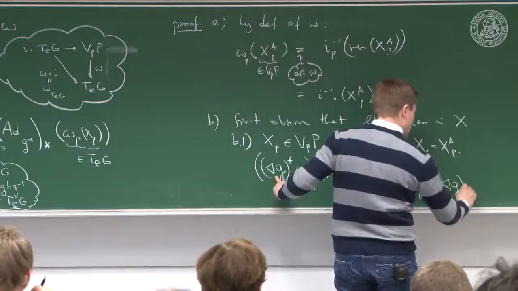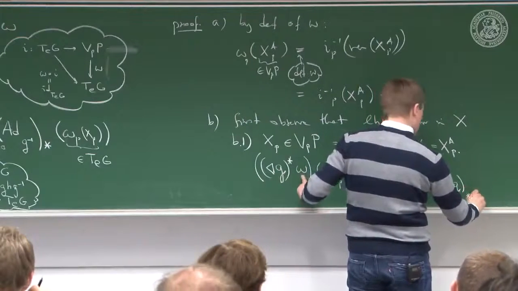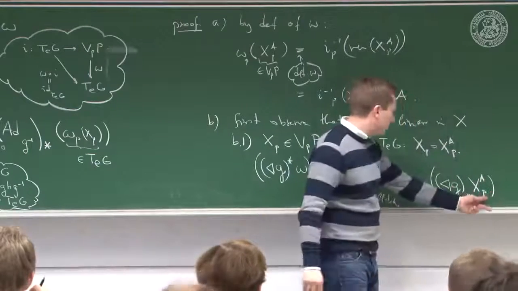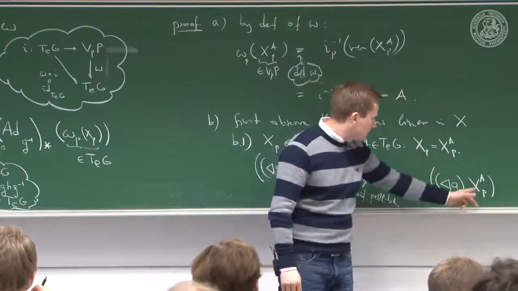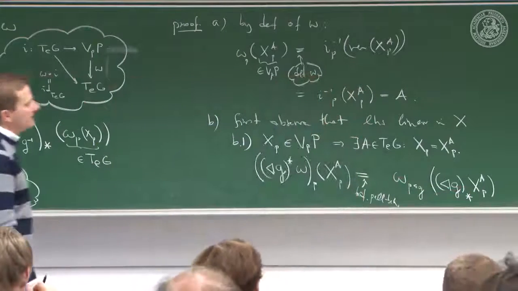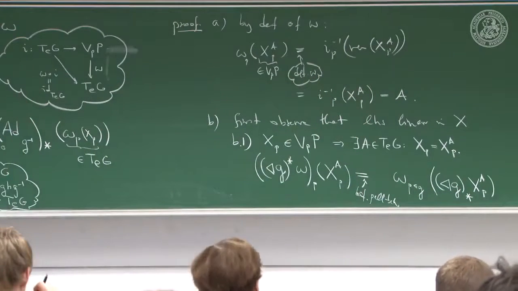So this is G push forward of this vector XA at the point P. Of course, the push forward will take us to a point P acted upon from the right by G, which is exactly on which this guy here can act.